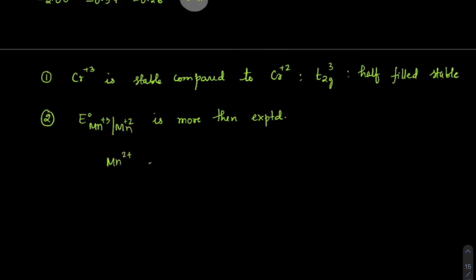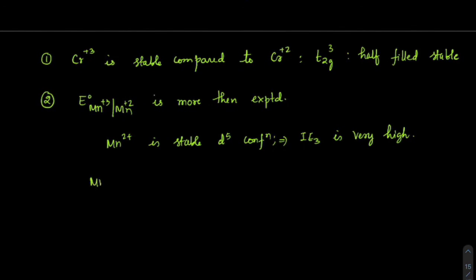Mn plus 2 is stable D5 configuration, which implies ionization 3 is very high. So it would be difficult to remove the electron from D5 configuration. Hence we can say that Mn plus 3 is a strong oxidizing agent, because it will immediately try to reduce to Mn plus 2.